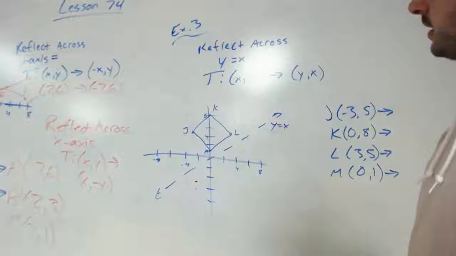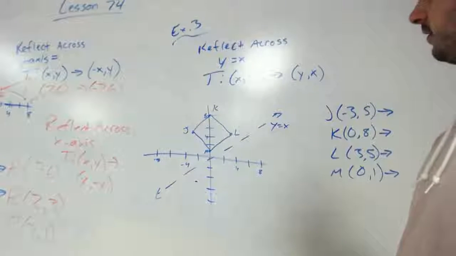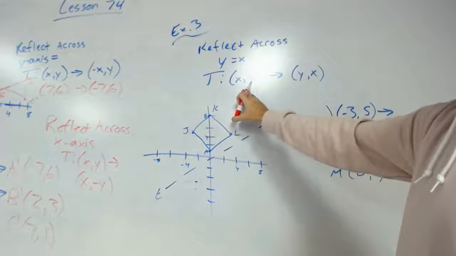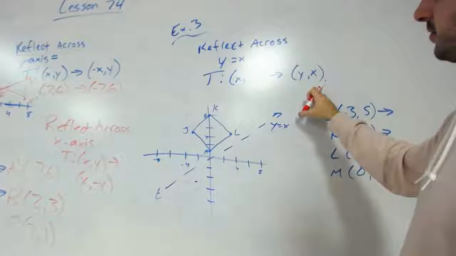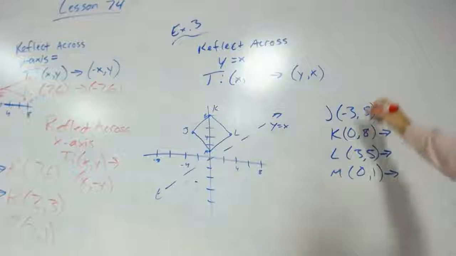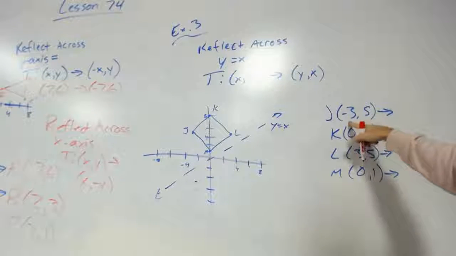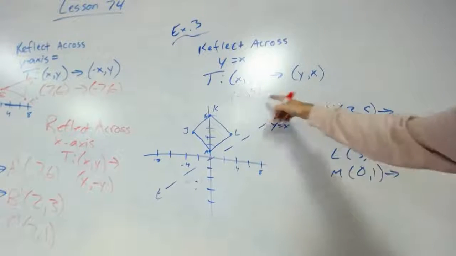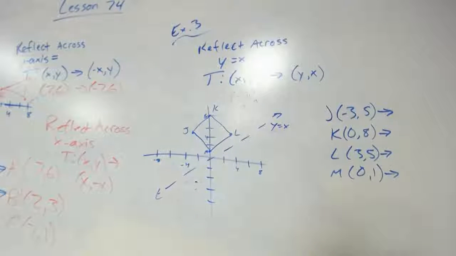The way you reflect across y equals x is you have your original x, y and you simply switch the places. So x, y becomes y, x. So we have our coordinates here, and I labeled them here. So negative 3, 5, just to show one up here, all we have to do is switch the 5 and negative 3.